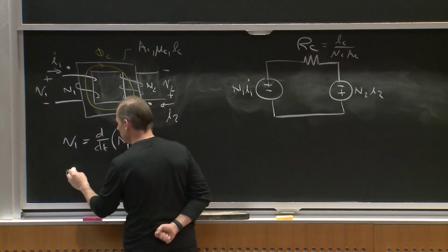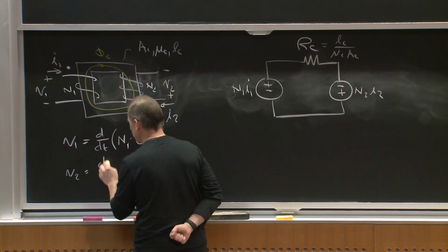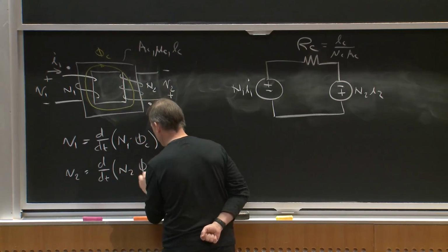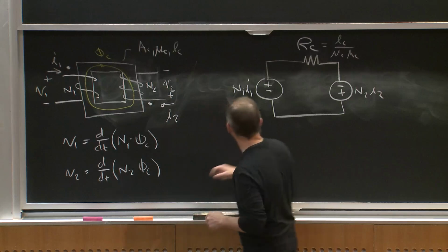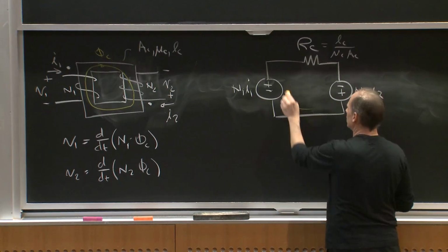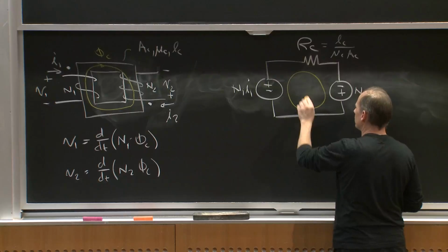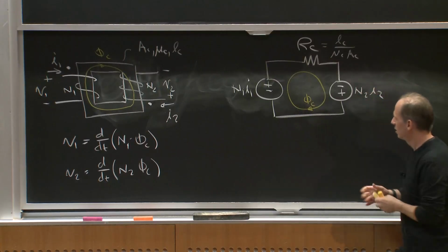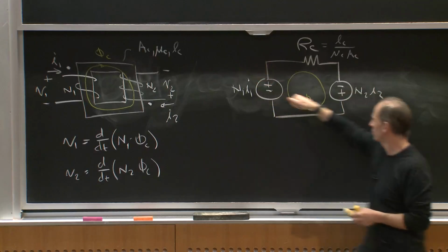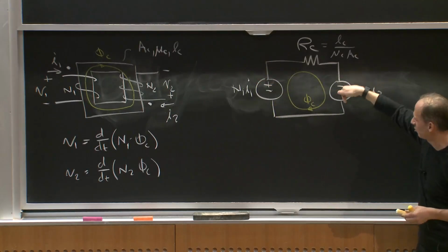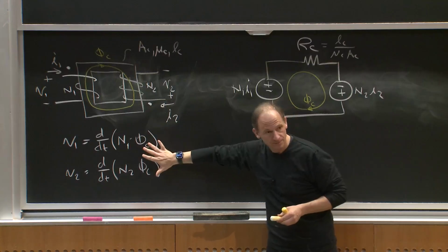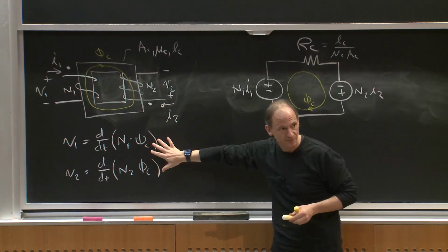V2 is simply equal to d/dt of N2 times the flux in the core. And that's because, notice in both cases, I've defined the flux in the core clockwise here. Okay? So the flux in the core is the flux out of the top of this MMF source. It's also out of the positive terminal of this MMF source. Right? So that's why the signs are the same here. Does that make sense to everybody?